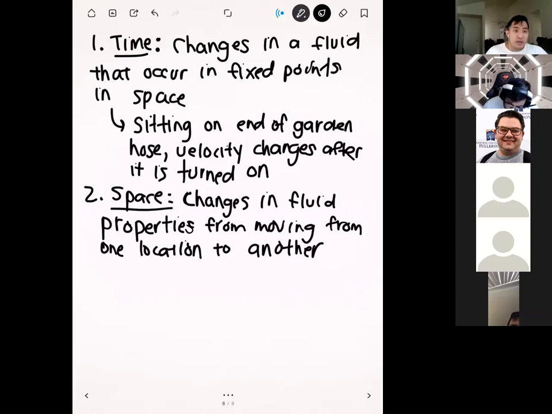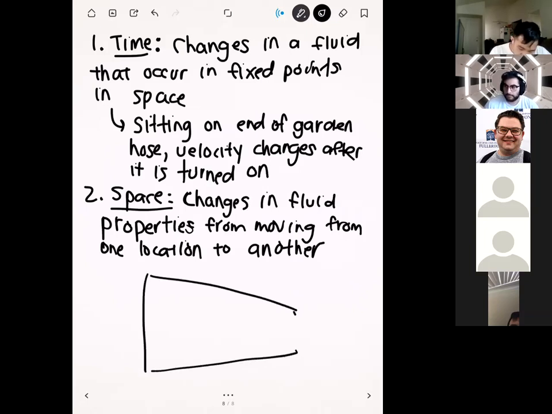Taking our same example of a garden hose, now let's say that you're in the garden hose, but you're following the flow. So you're moving from one location to the other. Every garden hose has a nozzle at the end, right? And the flow is coming this way.